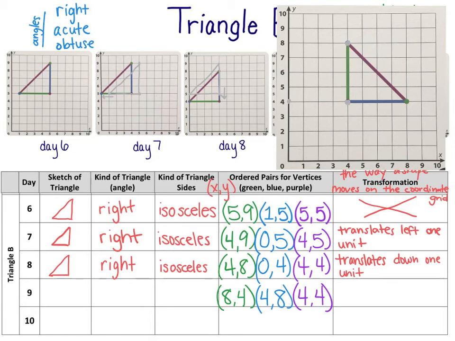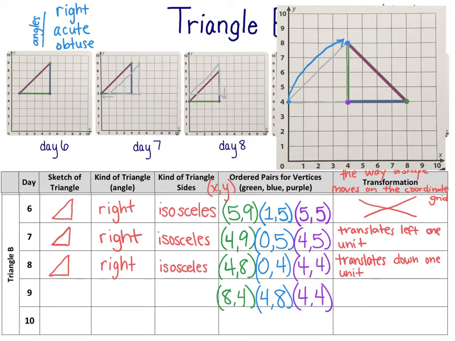Now I'm going to draw my lines to make my triangle. And remember, my gray triangle is where it was last time. So we can see that this purple point has stayed the same, but the other 2 points have moved. Blue point went from here to here.